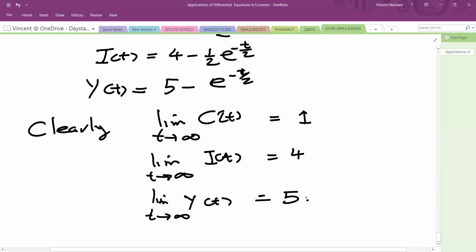So this completes the solution for the given problem.